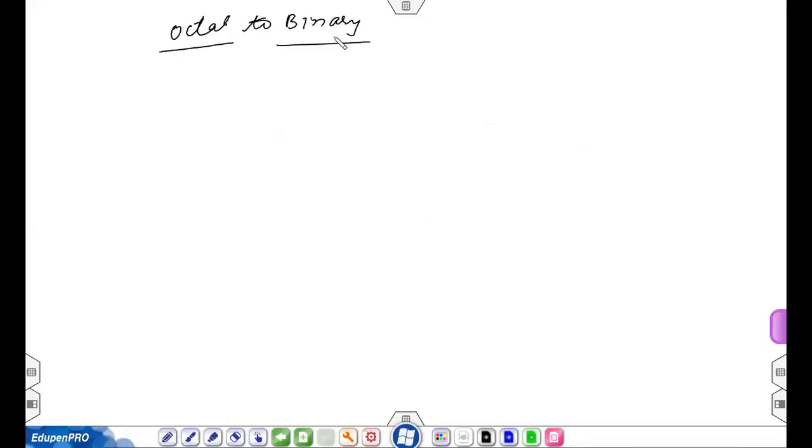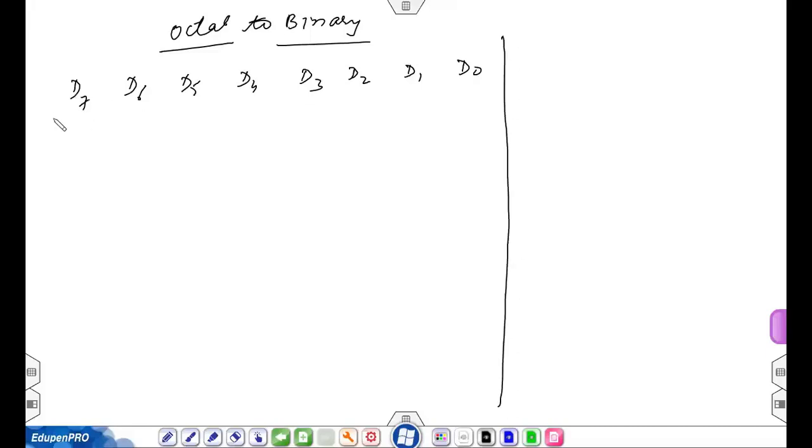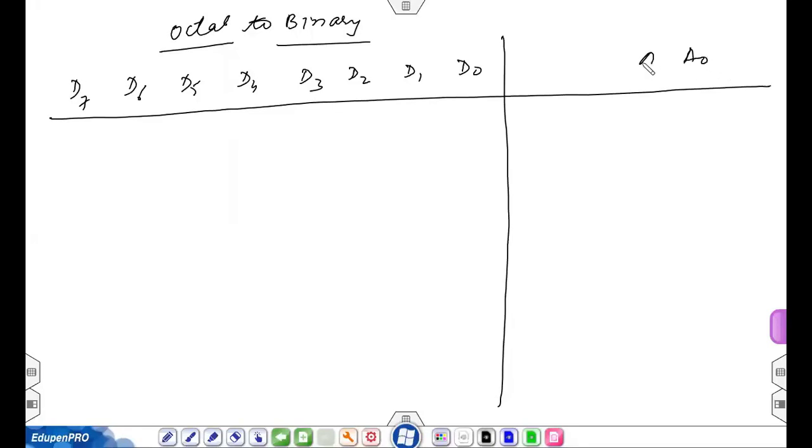Suppose in octal you have 8 inputs. What are your 8 inputs? You can just reverse the decoder: D0, D1, D2, D3, D4, D5, D6 or D7. And you have 3 outputs, that may be A0, A1 and A2. So in this case, you may have 8 combinations like 001, 010.